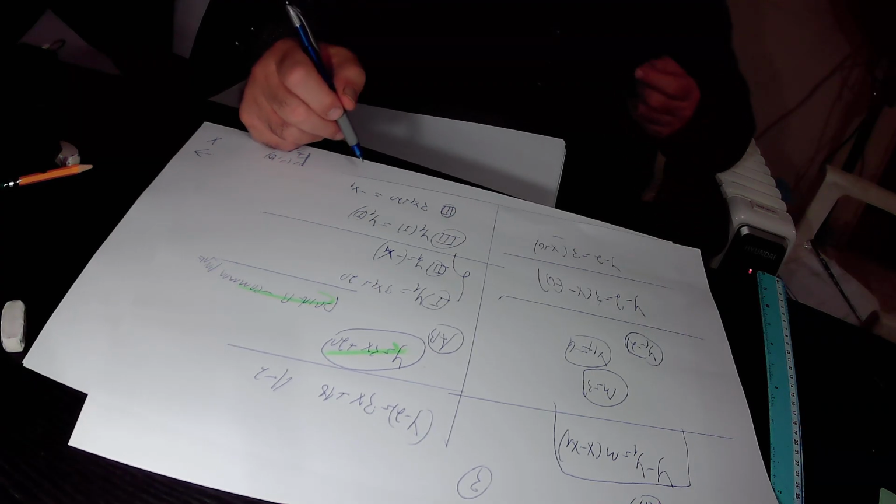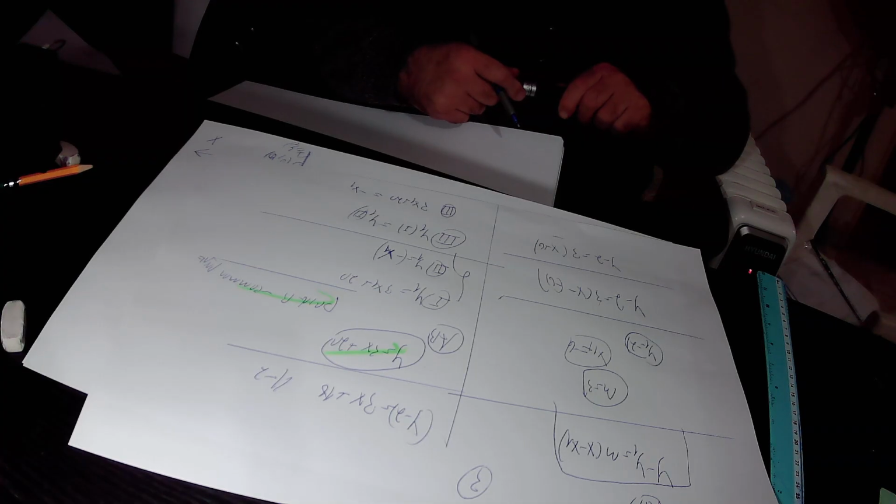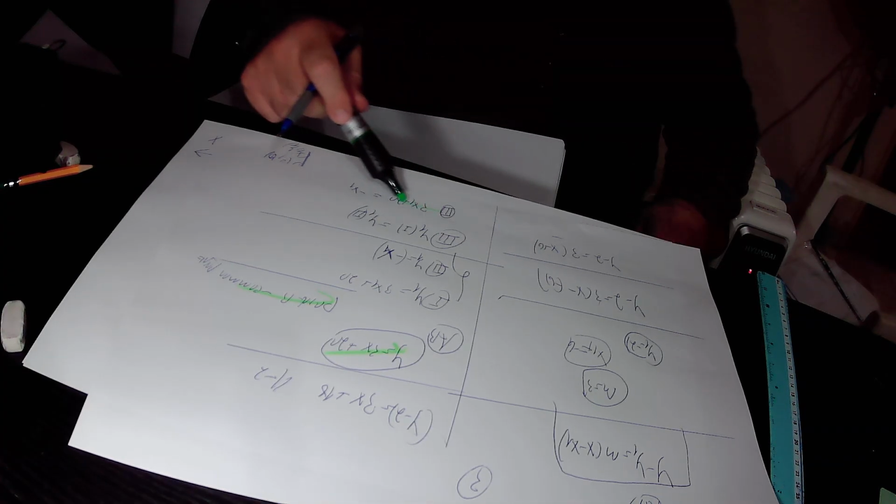So we found out that according to equation 3, 3x1 plus 20 equals minus x1.